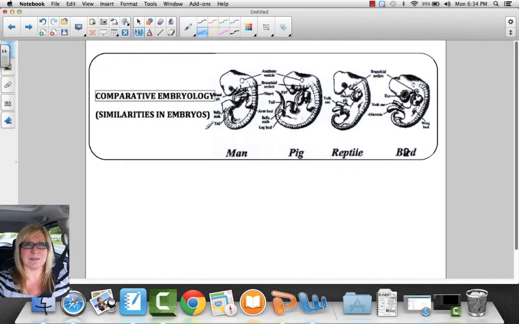You can see in the developmental stages, they look really, really similar. So what this means is that embryos of distantly related species have a similar look.